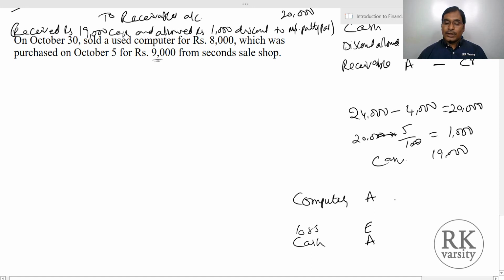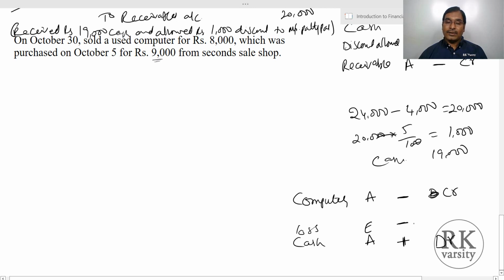So here computer is an asset and here there is a decrease in a computer. Then cash, there is an increase in cash. Then a loss, this is a decrease in owner's equity. So when asset decreases, we'll credit it. When asset increases, we debit.